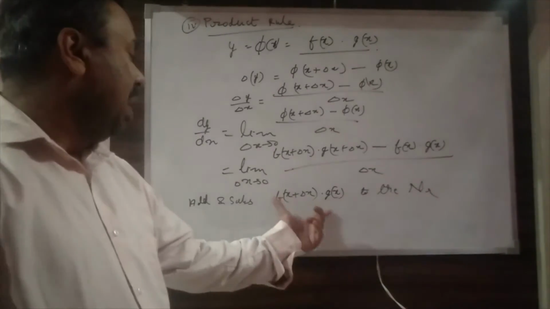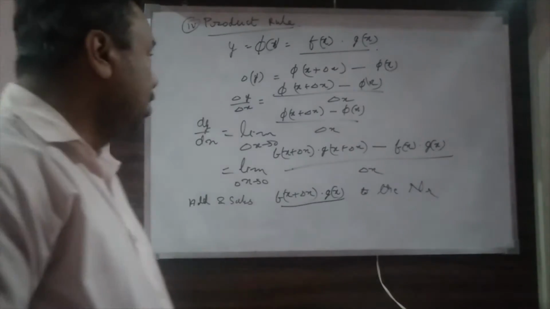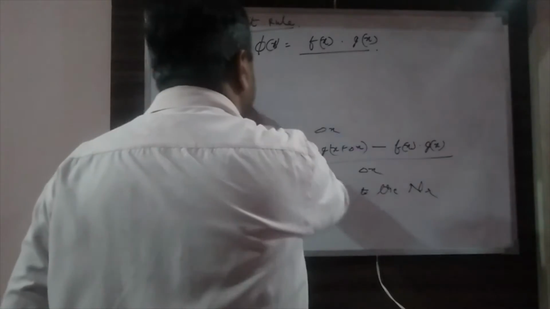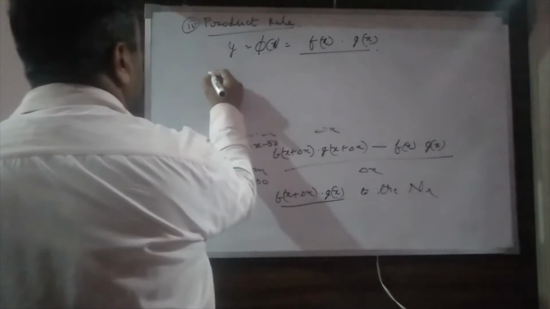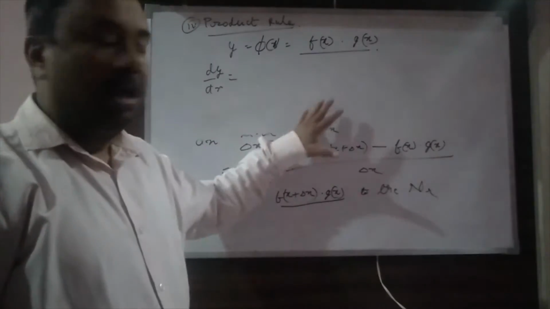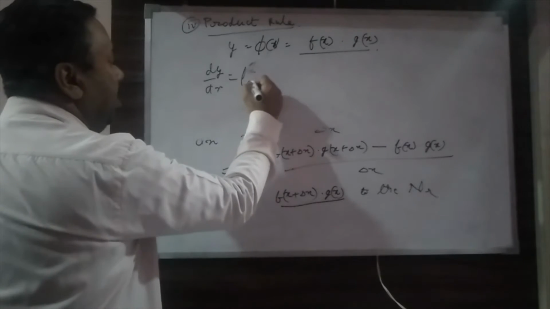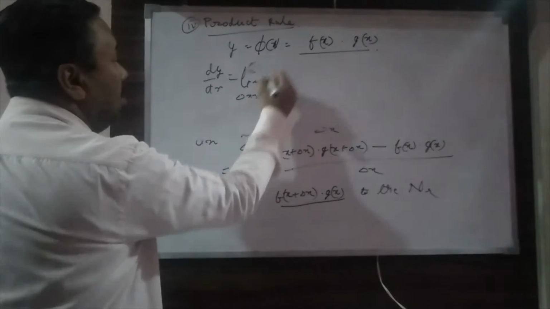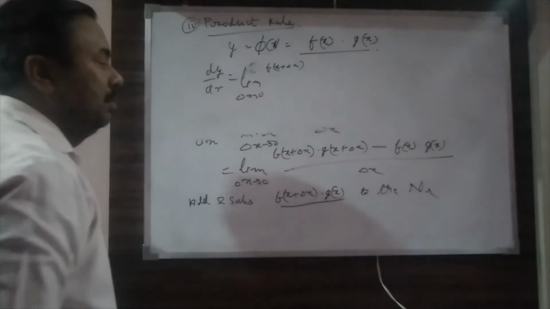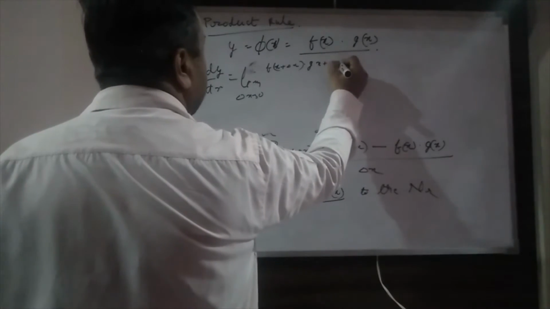Okay, so what will I get? dy/dx equals limit Δx tending towards 0, f(x + Δx)g(x + Δx).